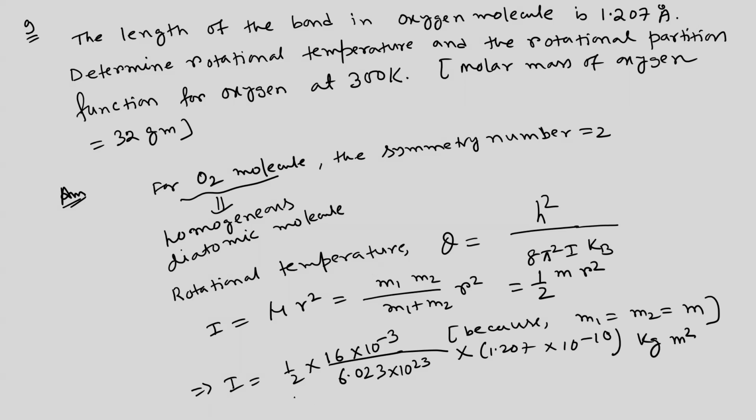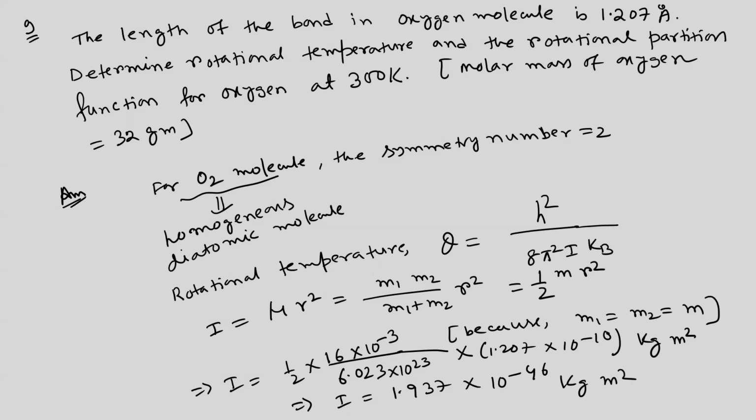Okay, so if we calculate this, we get the value of moment of inertia as 1.937 times 10 to the minus 46 kg meter squared. So, this is the value of moment of inertia.